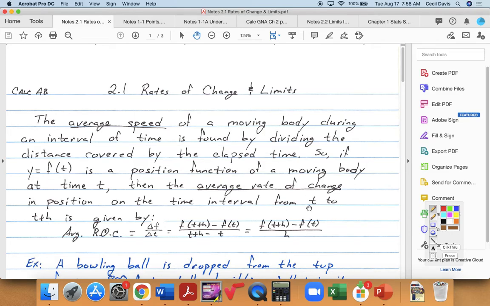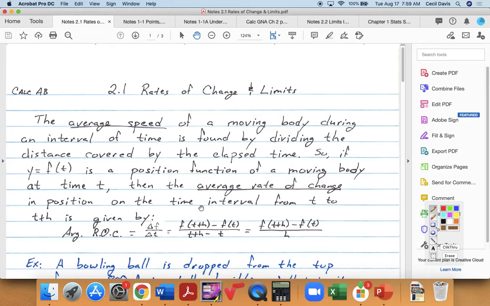On a time interval from t to t plus h, I know it looks like tth almost, but right here this is t plus h, the average rate of change is given by this formula. The average rate of change is the change in the function over the change in time.